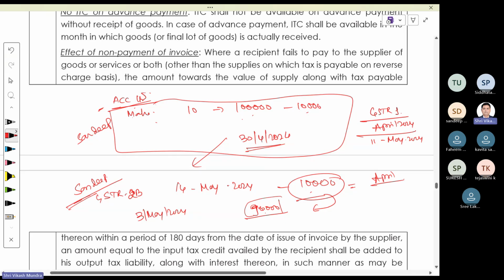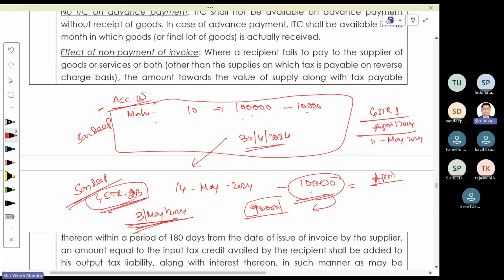Definitely it is possible. The rule is that unless and until these goods are received by Sandeep, Sandeep is not eligible to claim ITC. Since these goods are received in the godown of Sandeep in the month of May, he may claim ITC in the month of May, even though this transaction is reflected in the month of April in the GSTR 2B.